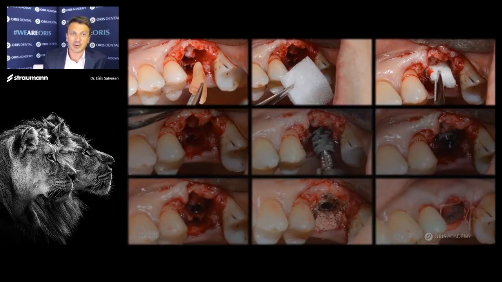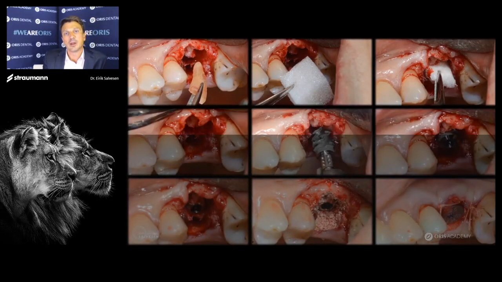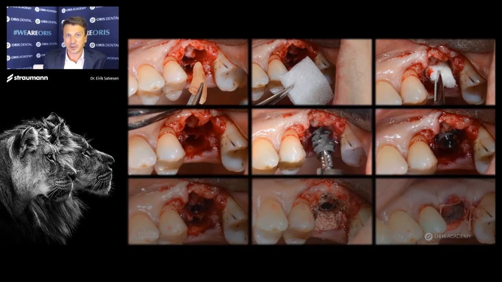So going on, you'll see that after applying this collagen sponge, the osteotomy is done. Central line, you'll see that I'm inserting the implant, and at the central line of the pictures on your right side, you'll see the implant being inserted and stopped at 50 Newton centimeters, even in an extraction socket like this. That comes from the macro design of these fully tapered implants.